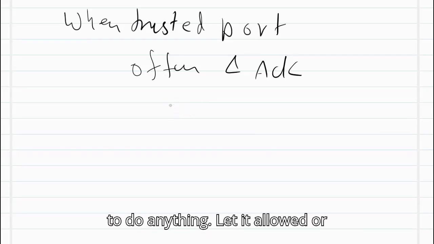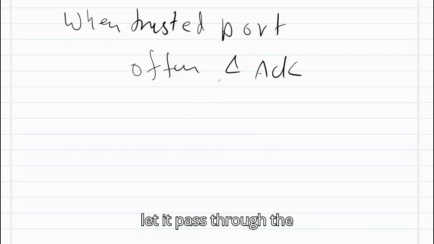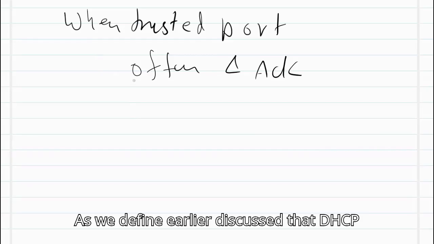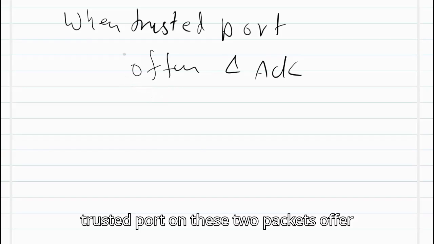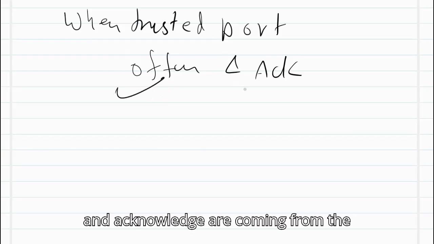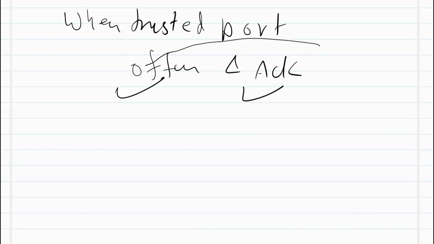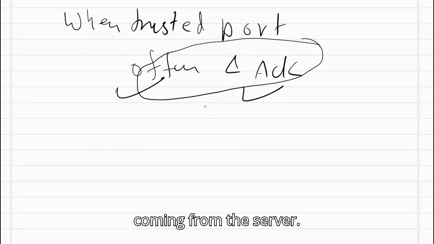Let it be allowed to pass through the switch. Because, as we earlier discussed, the DHCP server works on the trusted port, and these two packets, offer and acknowledge, are coming from the server.